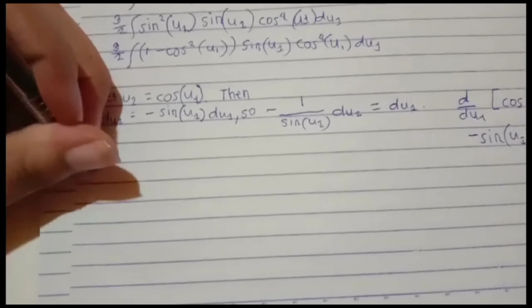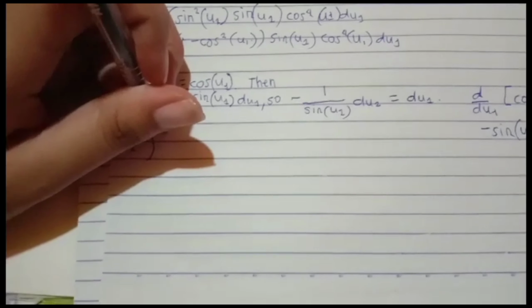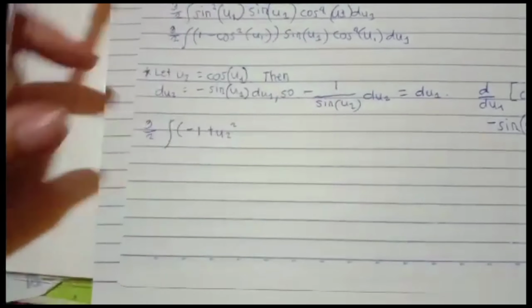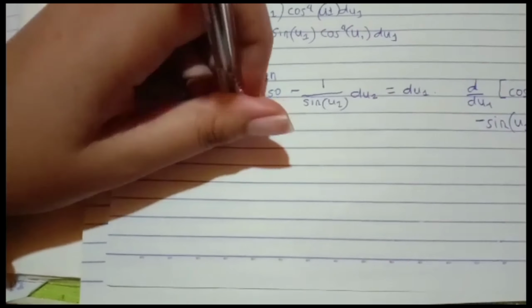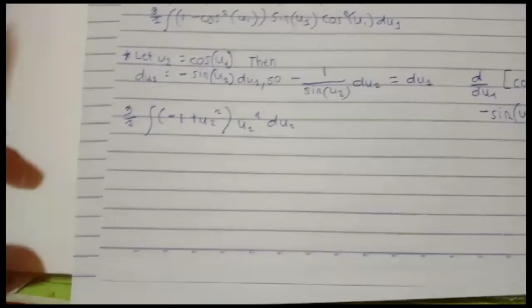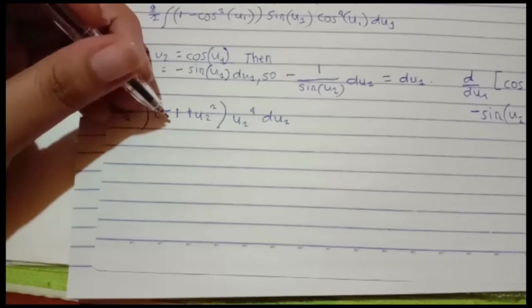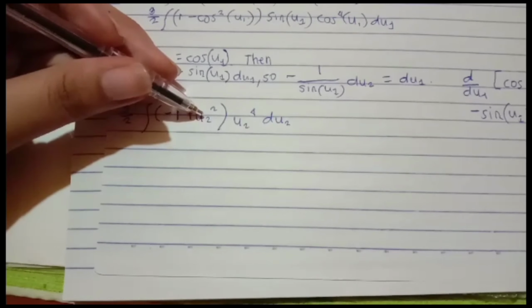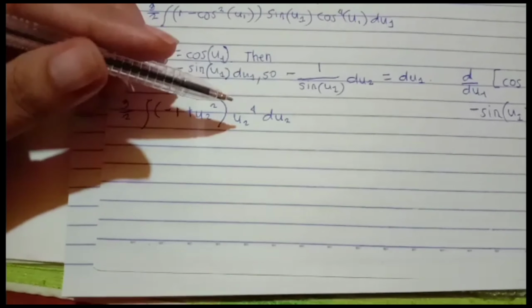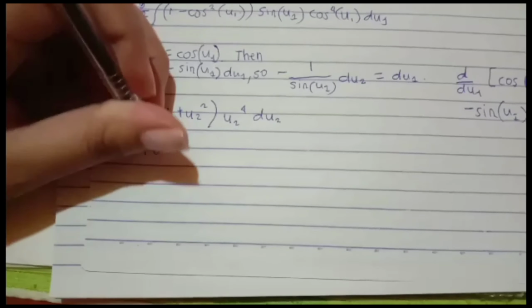So, 3/2 integral of negative 1 plus u2 squared times u2 to the 4th power du2. Expand negative 1 plus u2 squared times u2 to the 4th power.